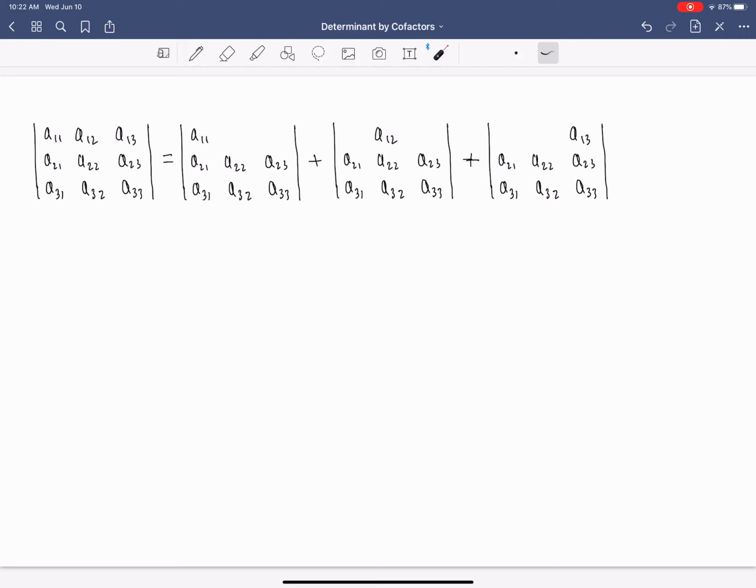Now, I can continue by linearity of the first column and try to split this up, because linearity works for columns just as it works for rows. Remember, the determinant of A being equal to the determinant of A transpose means that all the rules I have for rows also are there for the columns.